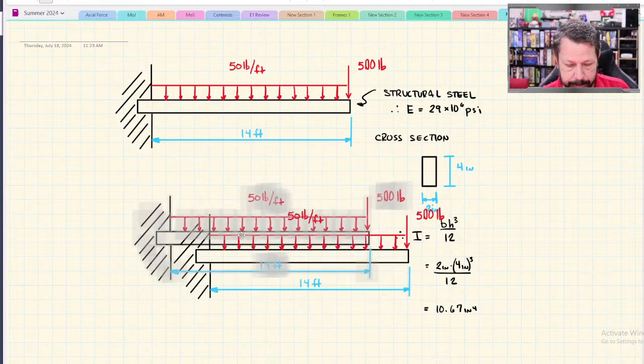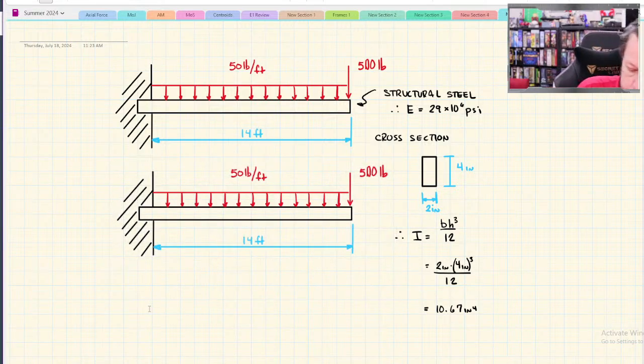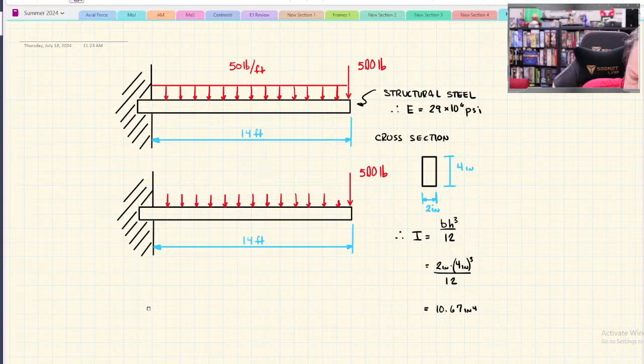We would have one scenario where it's just the concentrated load.